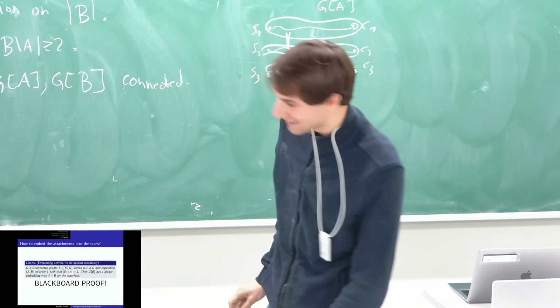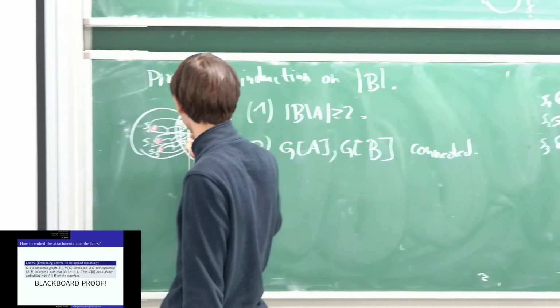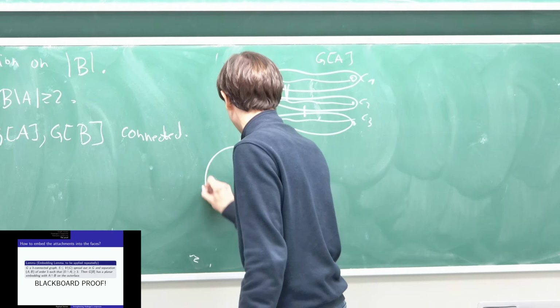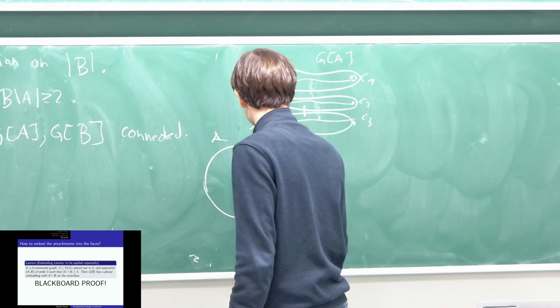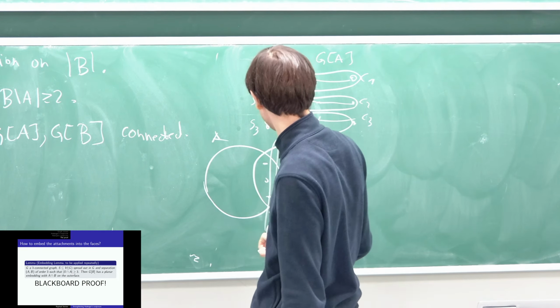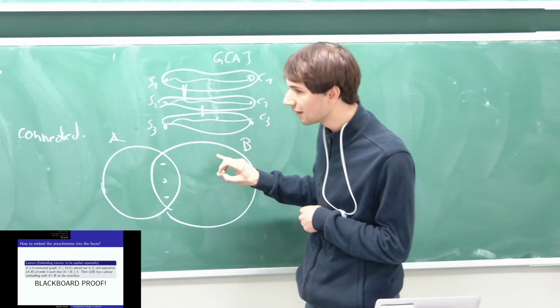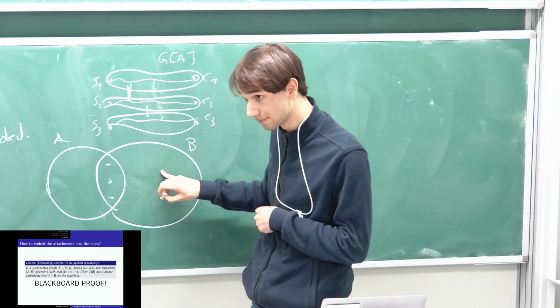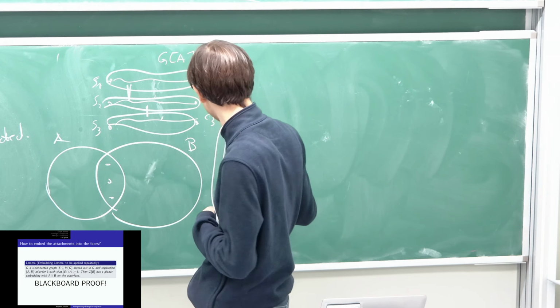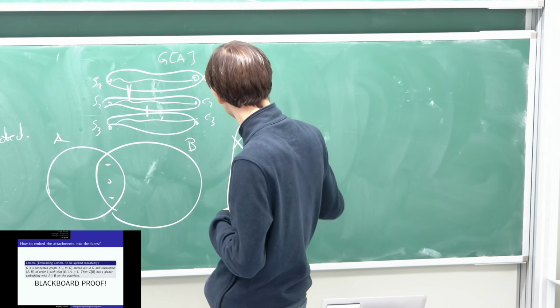Right. Now another easy observation. Let's look at the set B, and suppose we kill at most two vertices from B. So let's say we have a set X in B of size at most 2.